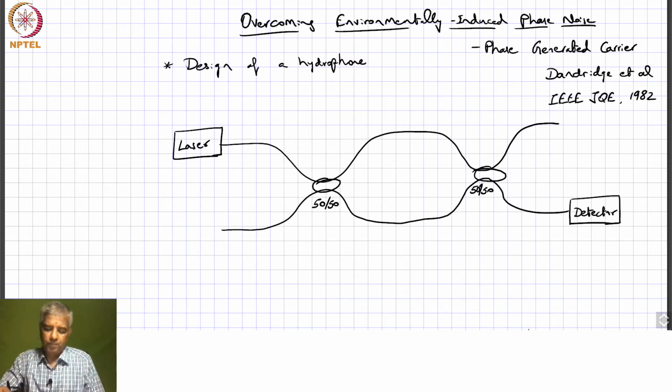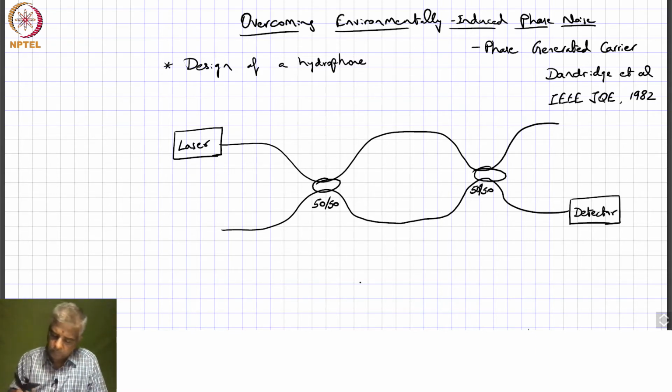Light that's coming in here is split into two equal halves, let's say I1 in the upper arm and I2 in the lower arm, and then they combine, and based on the relative phase changes between I1 and I2, you can get a change in the intensity.